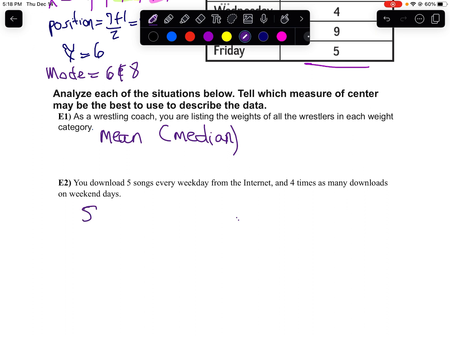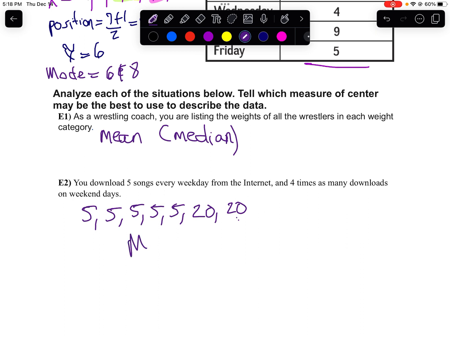For 5 days, I'm going to have 5 songs each day. And on the weekends, I'm going to do 4 times that many. So 20 and 20. Now, if I do the mean, I'll get a number that's not in one of my days, is it?